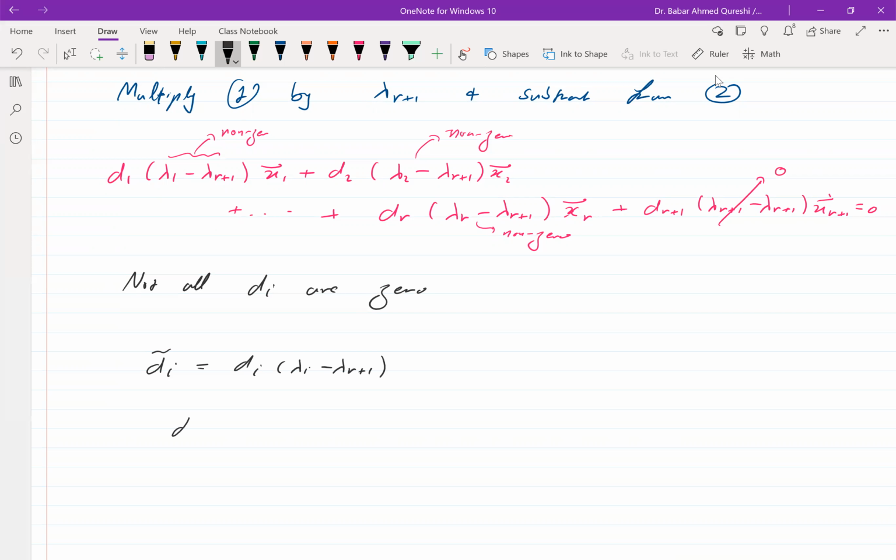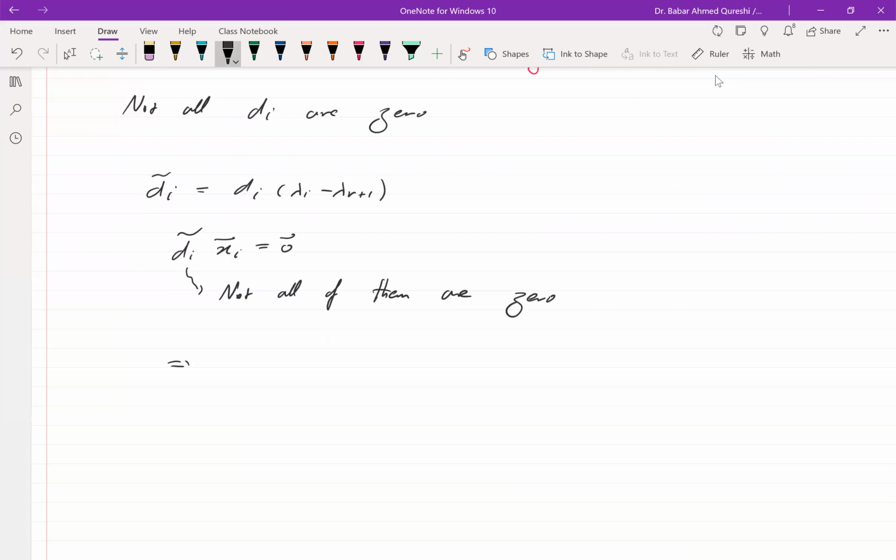So I have come up with these new constants so that the linear combination is 0, and not all of them are 0. So this implies that the xi are linearly dependent. But our assumption was that this was the set which we selected to be linearly independent. So this is not true.